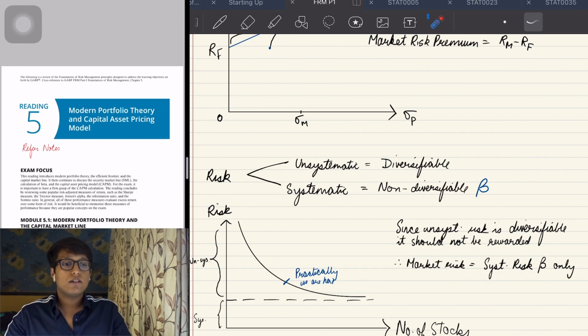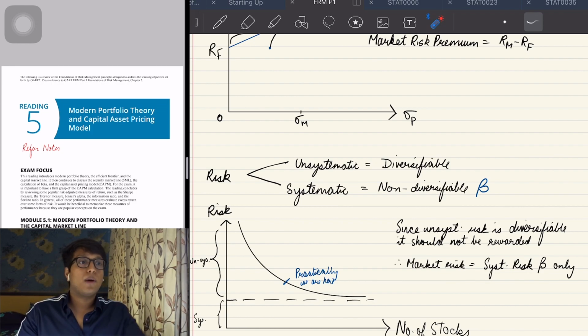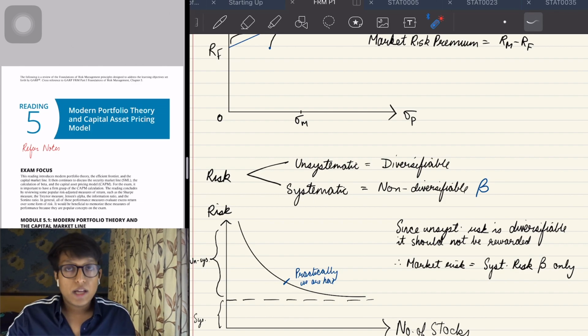If you invest in, let's say, all auto companies, in that case, if one auto company is doing bad, the other might be doing good, so your risk is diversified away in that aspect. But if the entire auto sector is doing bad, then your risk is not diversified away. So the entire sector doing bad is your systematic risk or non-diversifiable, and the other is unsystematic specific risk, which is diversifiable.